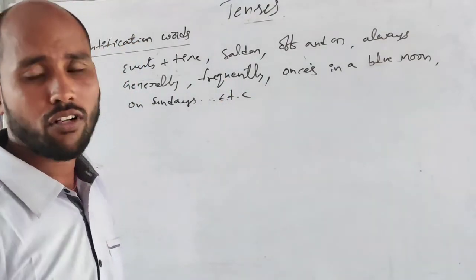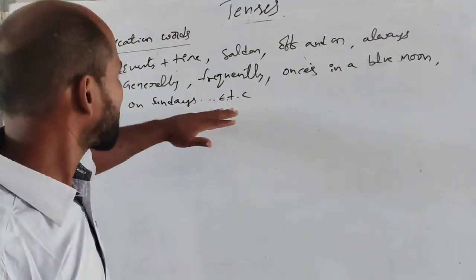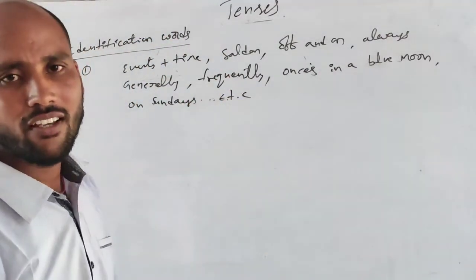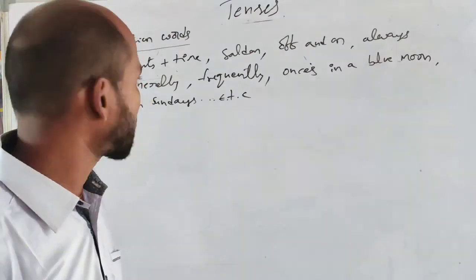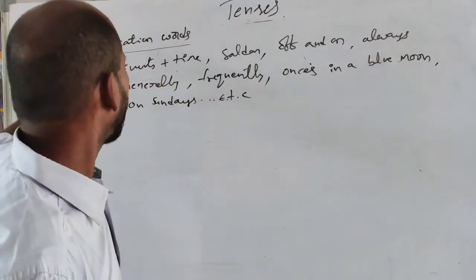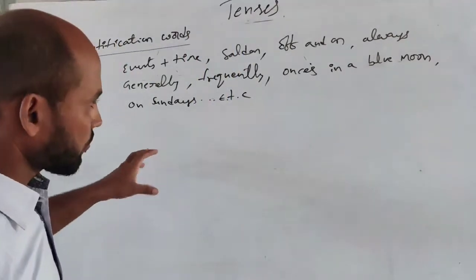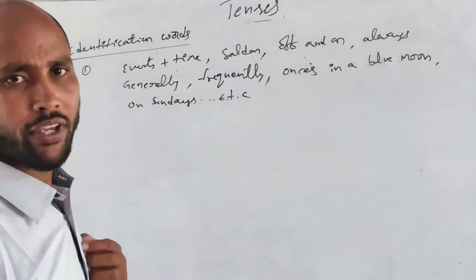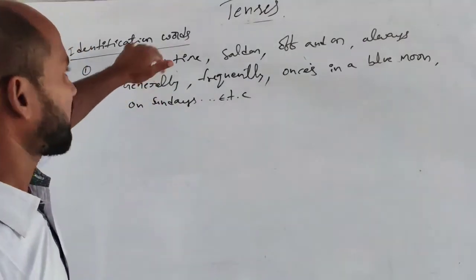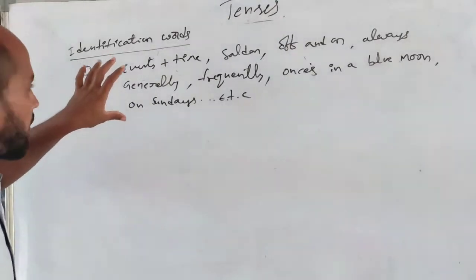There are a lot of identification words. I write only some identification words on the board. We will see two examples for the simple present tense structures for understanding.